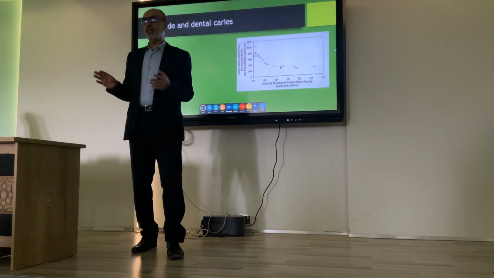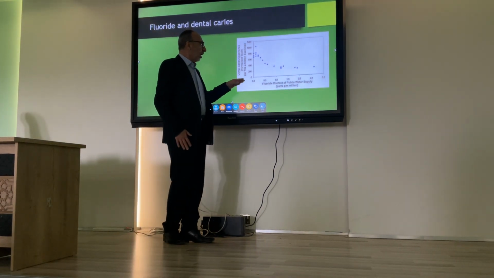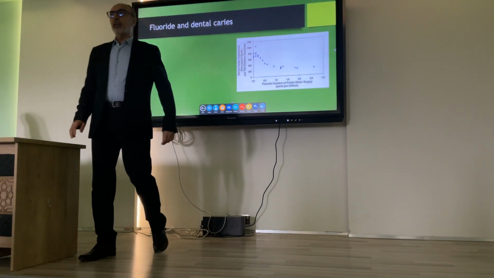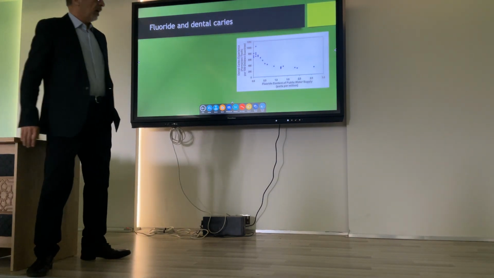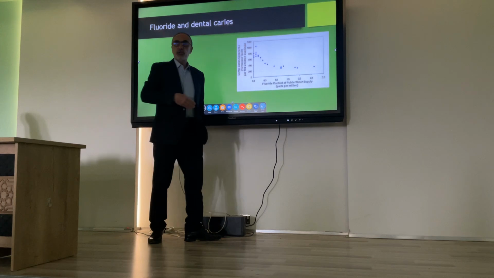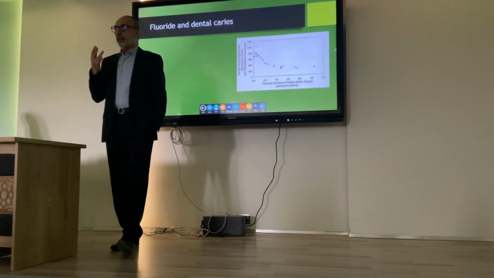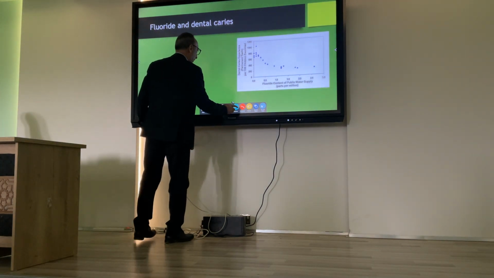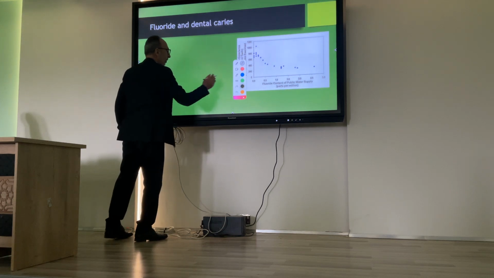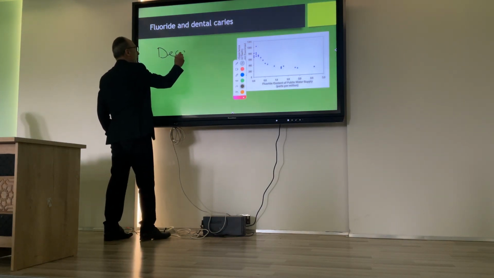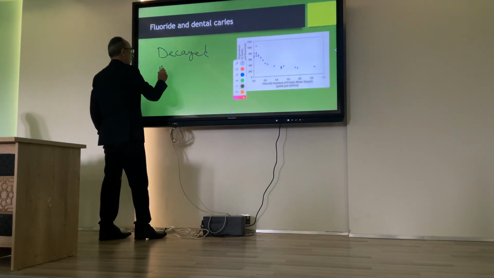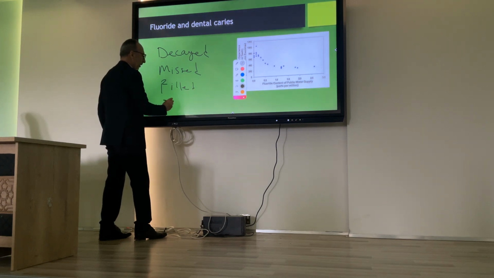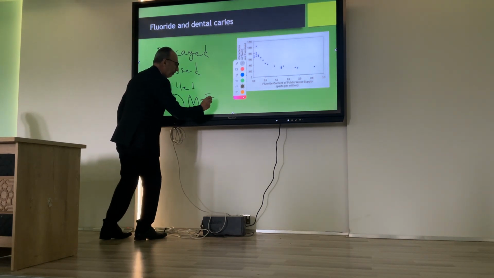You notice that the explanation was not so difficult. The horizontal axis shows the mean average of the fluoride in the water, and the vertical axis shows the average number of decayed, missing and filled teeth, DMF.